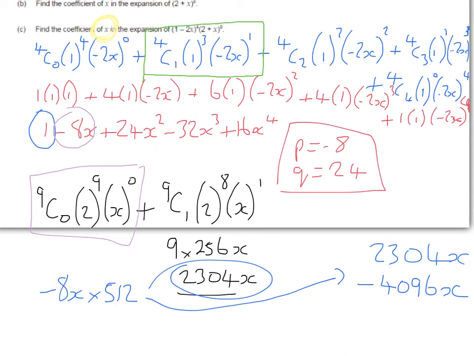So I'm happy that these two things are right. Let's collect my two like terms together then and see what I get. And these add together to give me minus 1792x. So find the coefficient of x in this expansion, minus 1792. Okay.